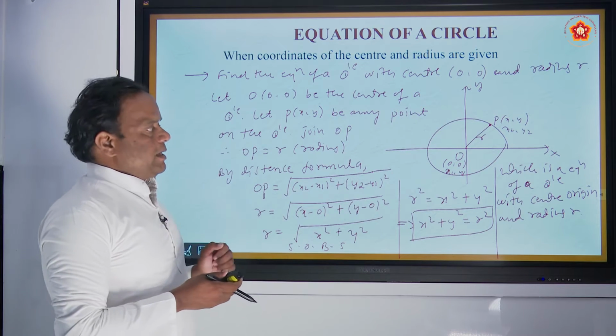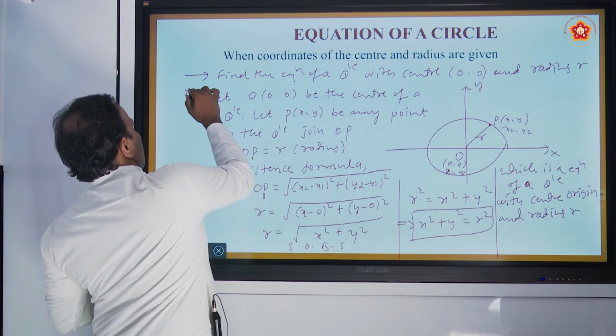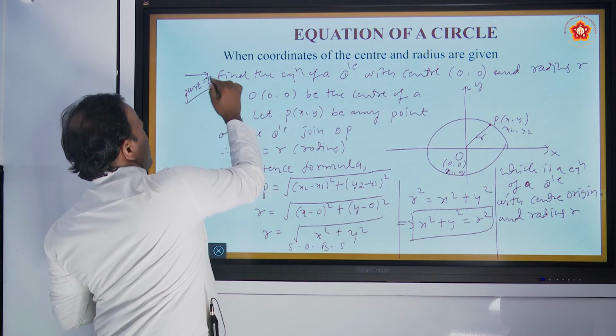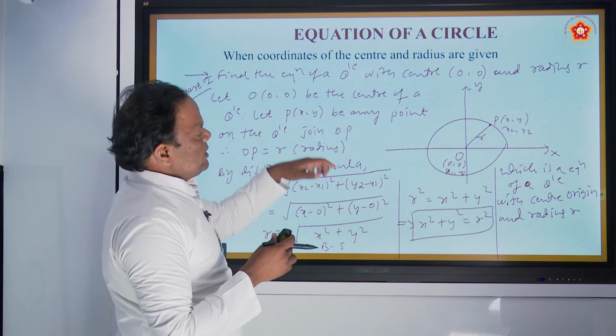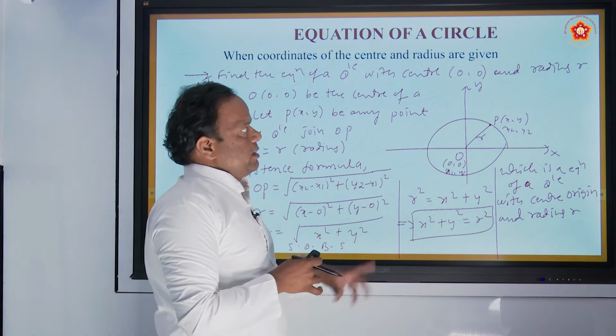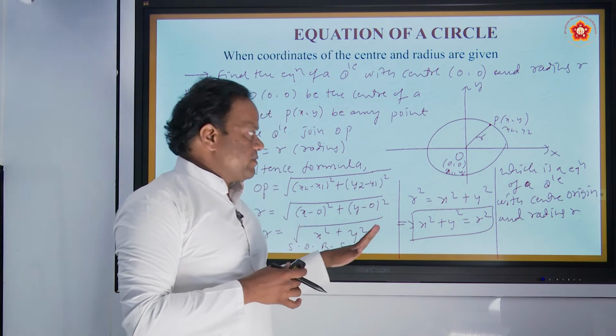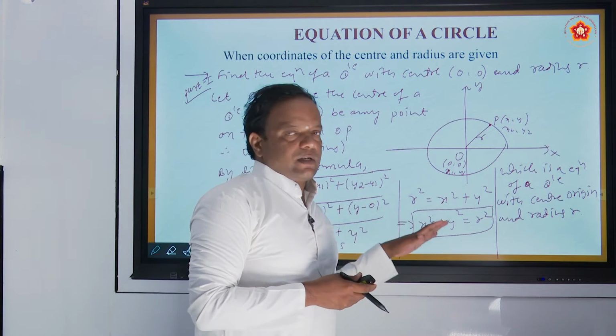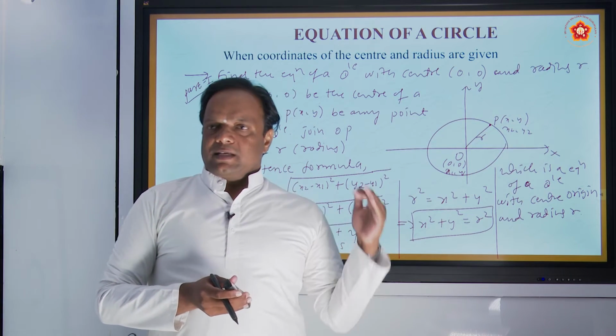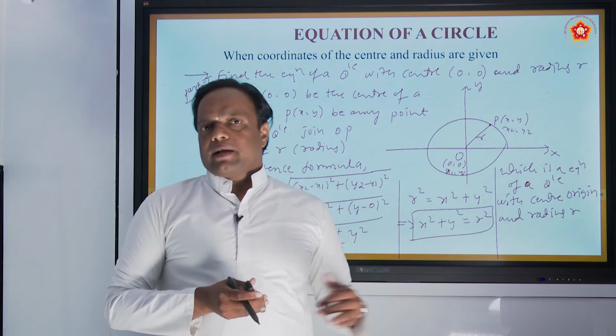See, this is first part. Both center is given, radius is given. Here center is origin and radius is r. The equation of circle is x square plus y square equal to r square. This is the standard equation of circle. Center is origin and radius is r.